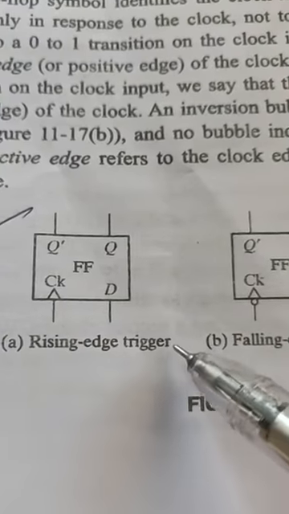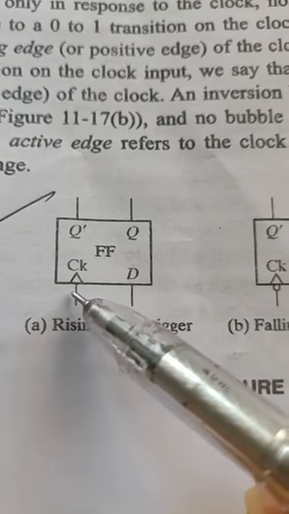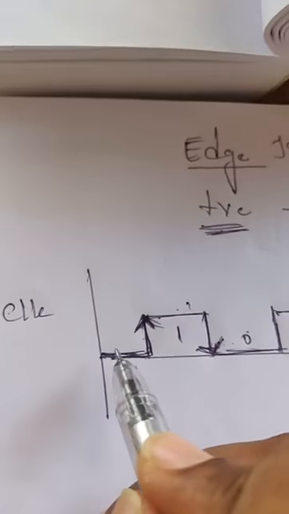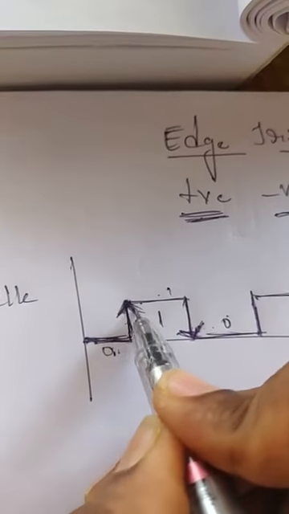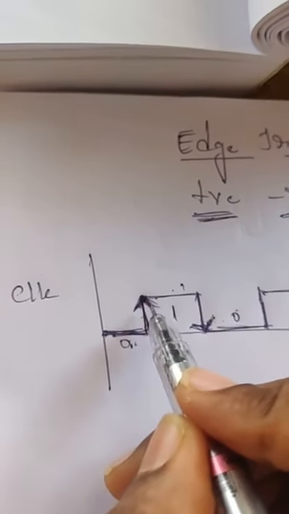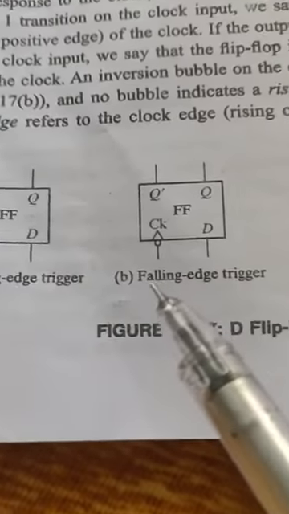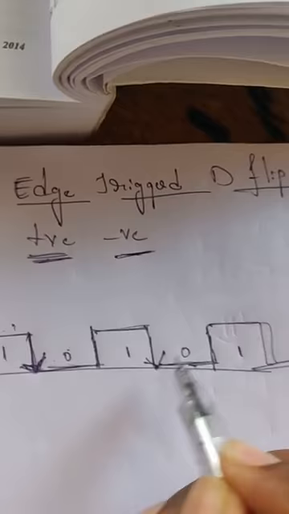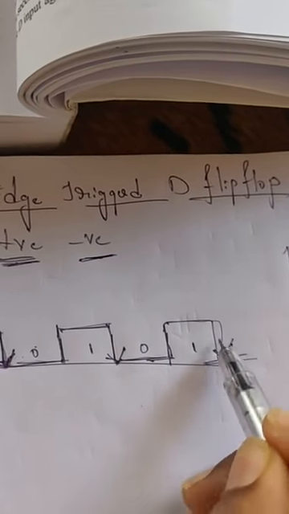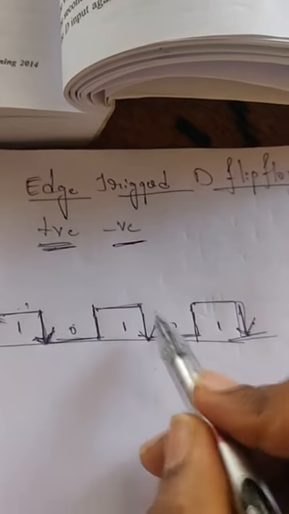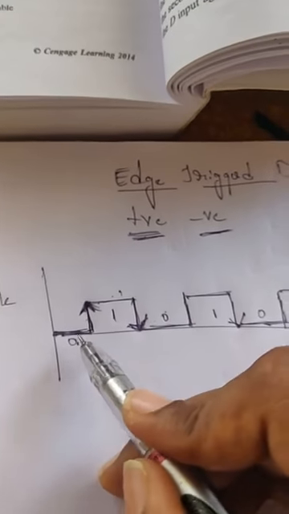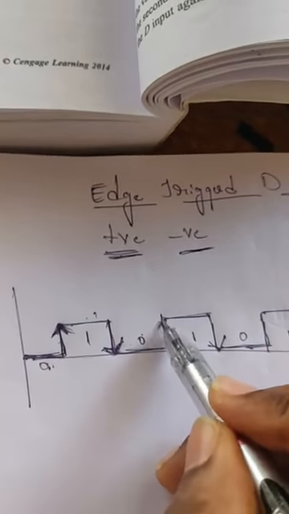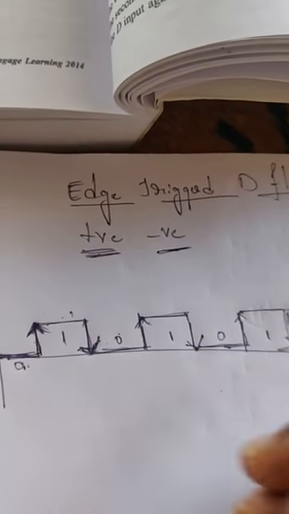I call it a rising edge trigger. Rising edge means the system changes when it is rising, like this. This is a positive edge trigger. A falling edge means we will come across a bubble here. Falling edge means moving downwards, from high to low. Moving from low to high is a rising edge.